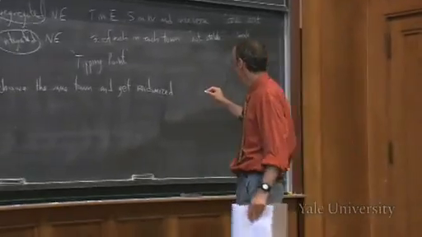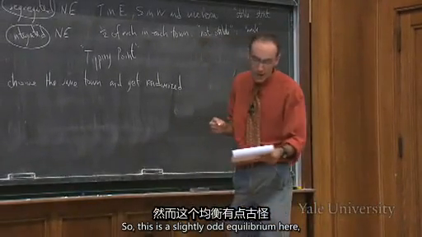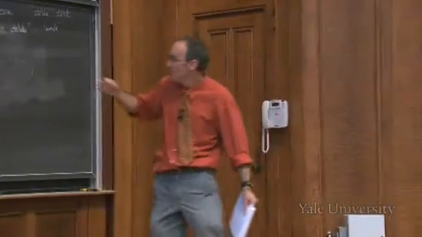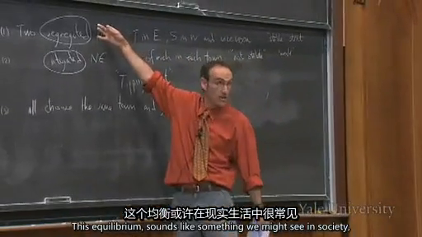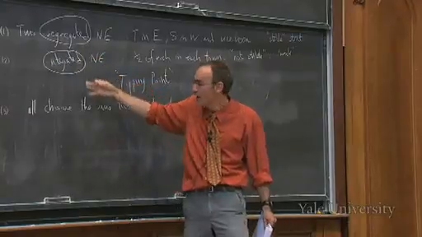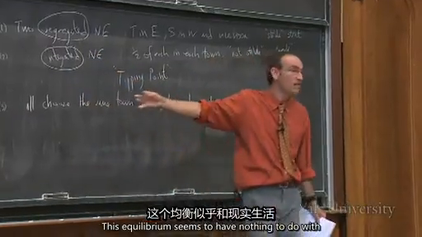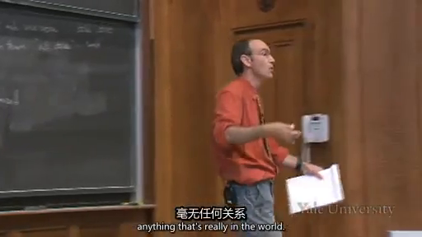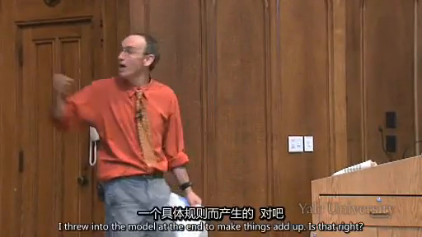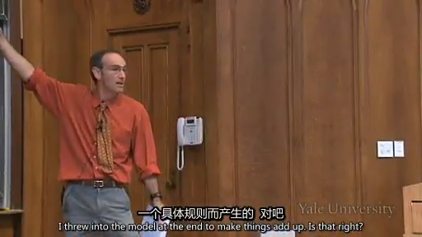So this is a slightly odd equilibrium, and there's immediately a game theory lesson here. This equilibrium sounds like something we might see in society. This one's certainly worth talking about. It seems a natural part of the game. This equilibrium seems to have nothing to do with anything that's really in the world. It's just arising from a particular detail I threw into the model at the end to make things add up.